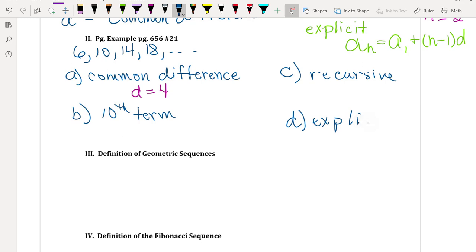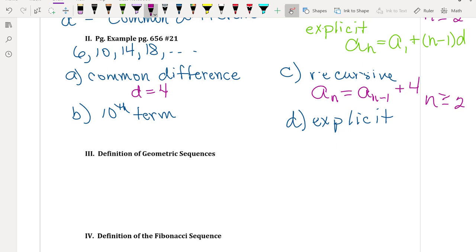So we'll do those two first, and then I'll come back and give the 10th term. So the recursive formula is, I'm going to take the term and the one before it, and I'm adding the common difference, which is 4.